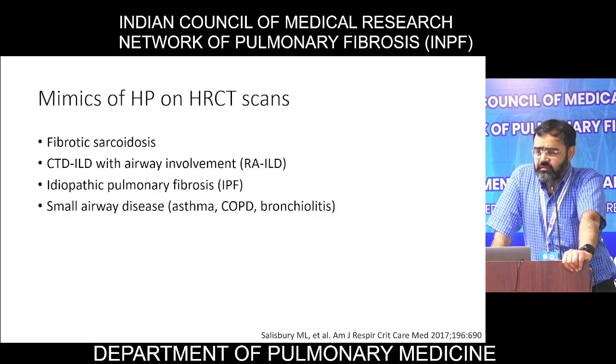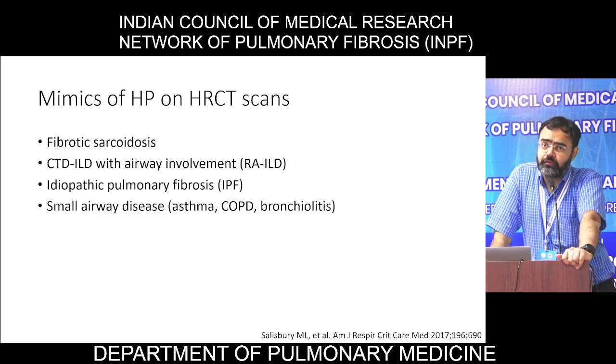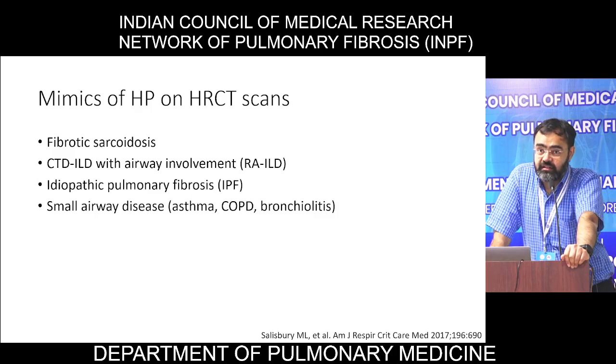The fourth is small airway diseases. Once you are in the practice of doing expiratory scans for ILD, once in a while you will find a scan which has a lot of air trapping. But if you don't look carefully at the patient's history and the inspiratory scan, sometimes you can misdiagnose asthma as HP, because severe asthma will have a lot of air trapping on expiratory scans, and you may mistake it for ground glassing and mosaic attenuation due to HP.